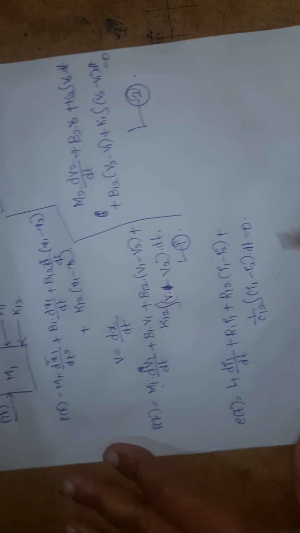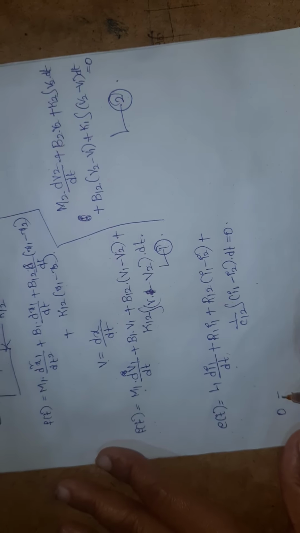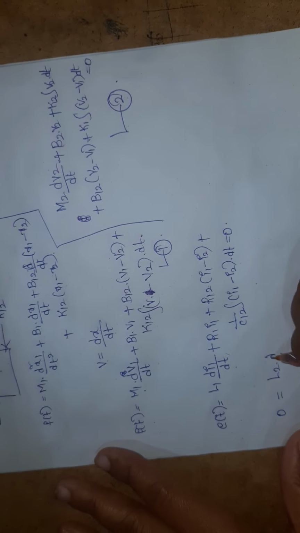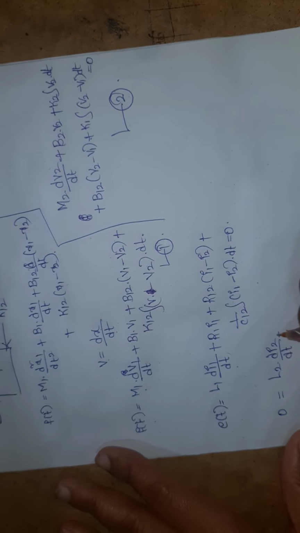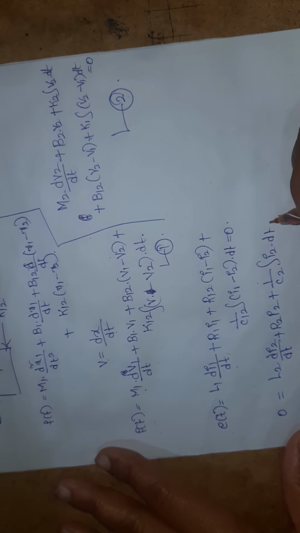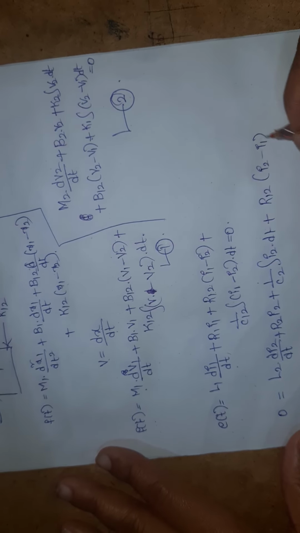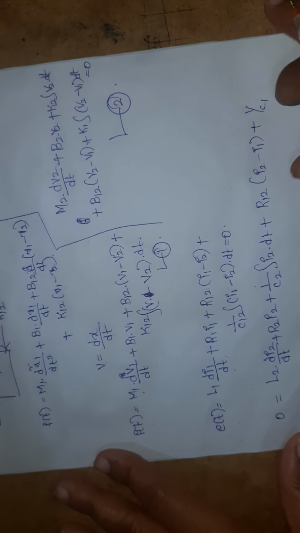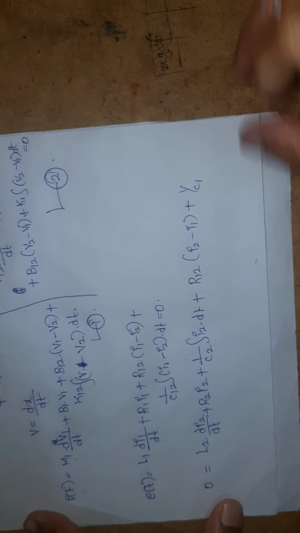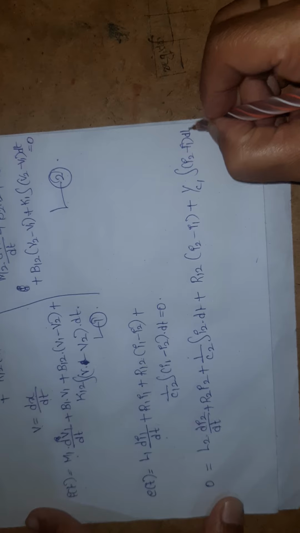Okay. Now what is equation 2? Similarly write down. 0 is equal to M is nothing but L2 into di2 by dt plus R2 I2 and K2 is nothing but 1 by C2 integration of I2 into dt plus B12 is nothing but R12 into I2 minus I1 plus 1 by C1 integration of I2 minus I1 into dt.